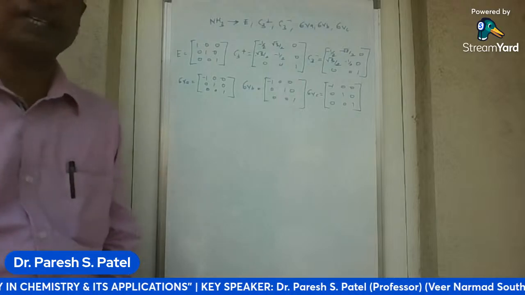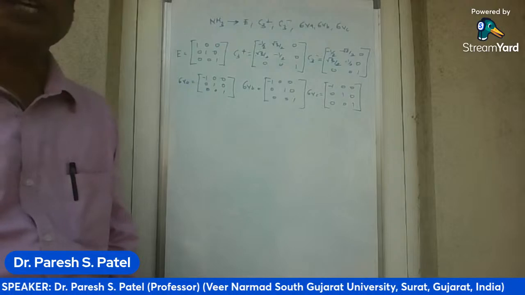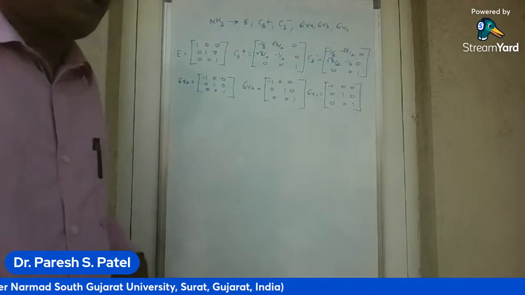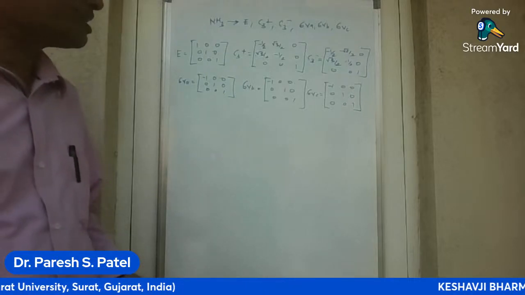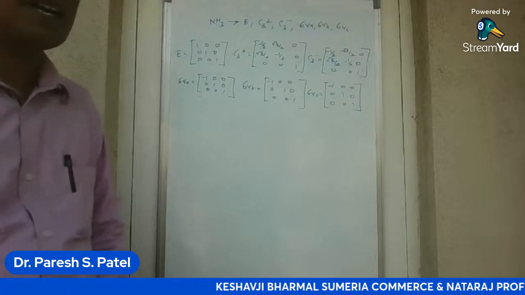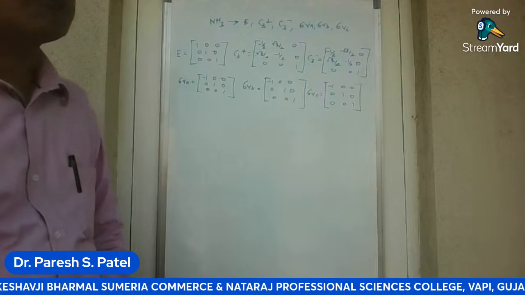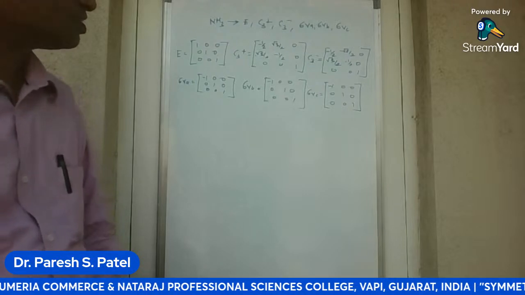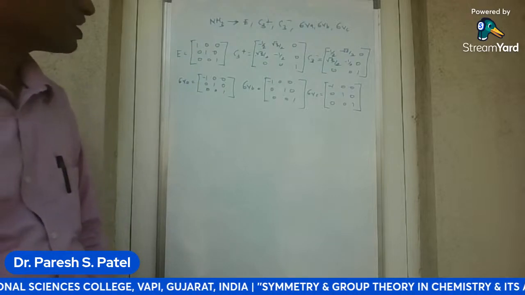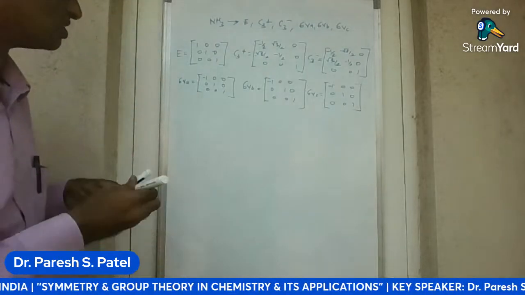But we have to remember that in the case of the ammonia molecule, the symmetry operations act on both the x and y axes, and we can't separate the x axis and y axis. So we can convert this three-dimensional matrix into two-dimensional and one-dimensional representations, just like this one.